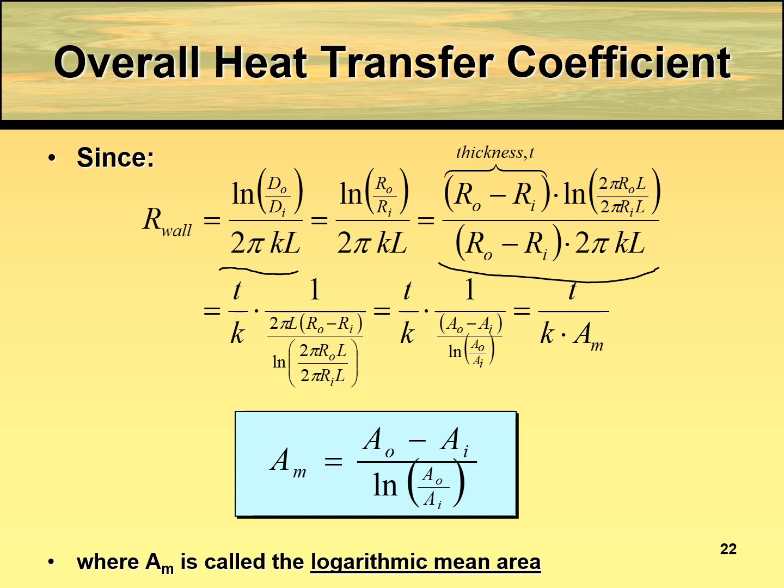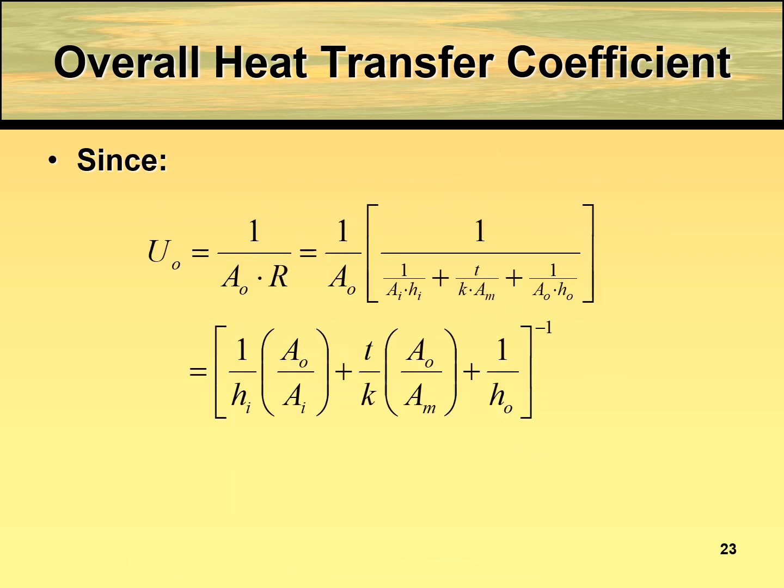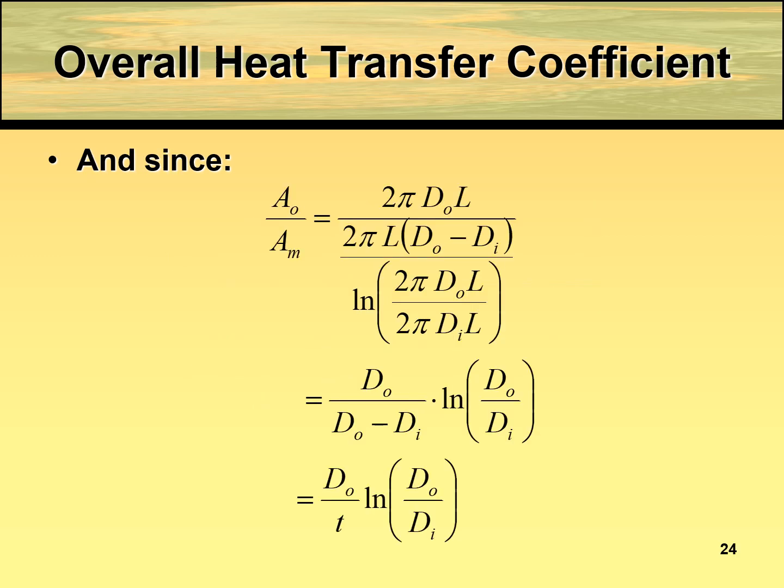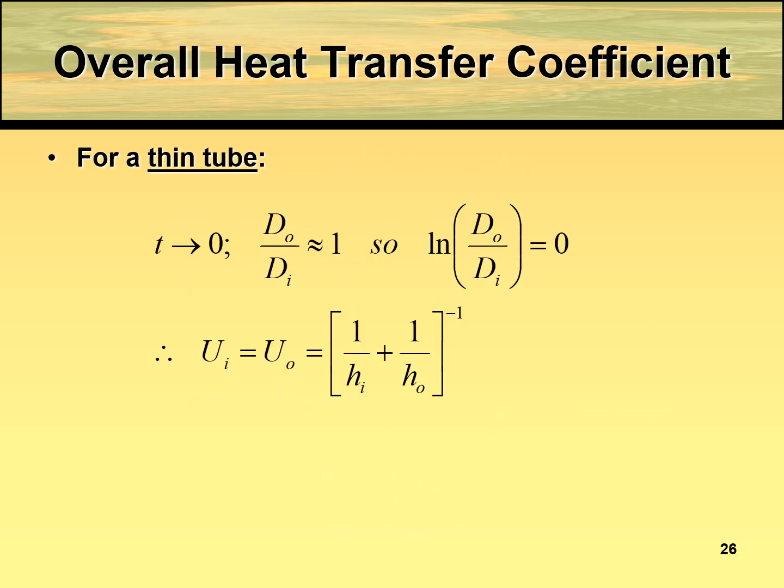Okay, and then expanding this equation will give you T over K AM, where AM is the logarithmic mean area, which is given by these equations. So UO is given by this equation, which we can simplify.